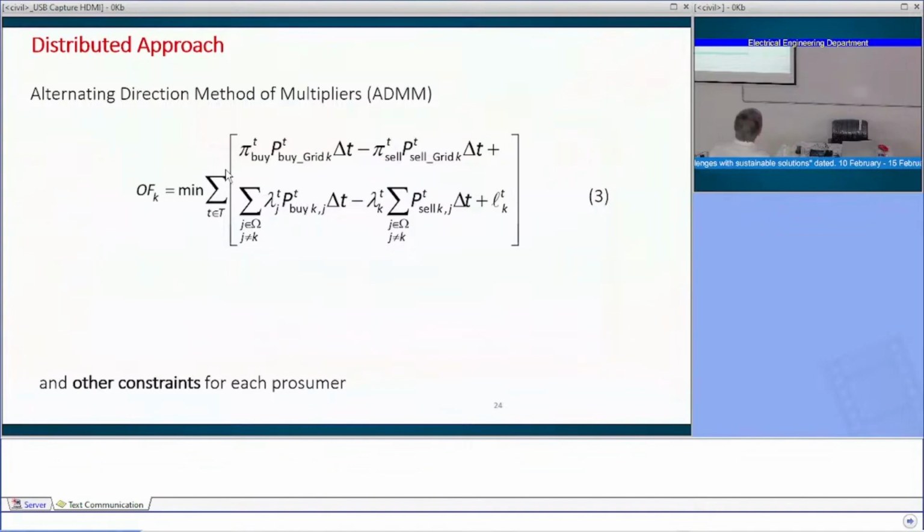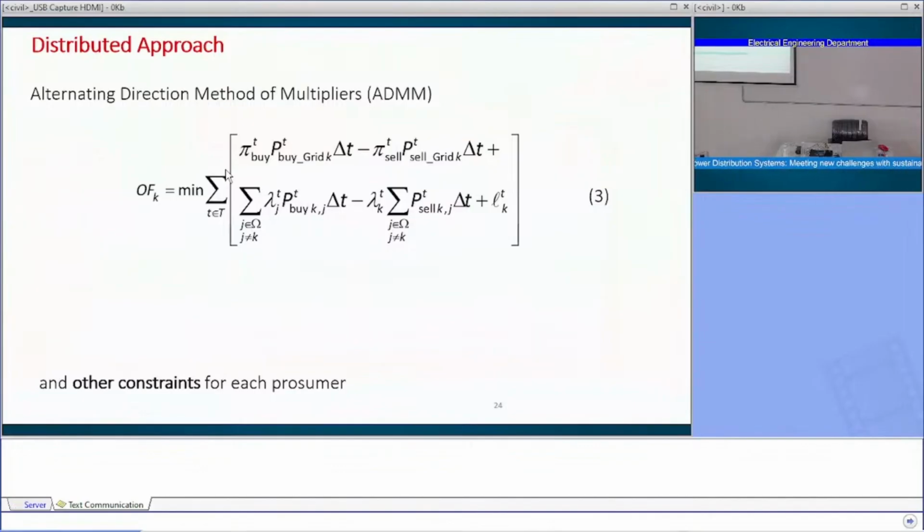These lambda are automatically calculated by the distributed optimization. So the distributed optimization needs to calculate these lambda that are the prices of the internal transactions.